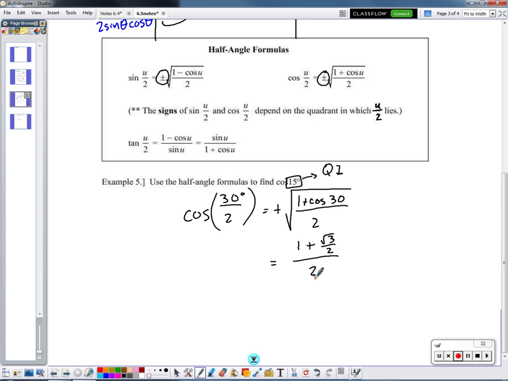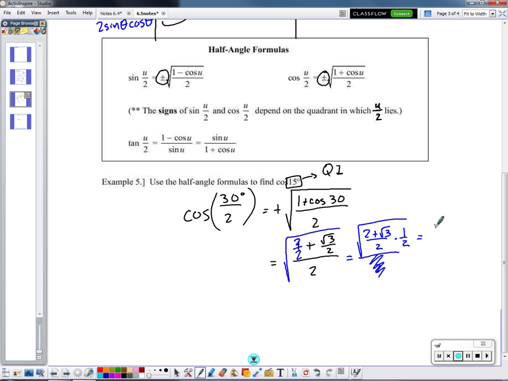This is really just like 2 over 2. If I change 1 into 2 over 2, then I end up with 2 plus root 3 all over 2, all divided by 2. But again, dividing by 2 is like multiplying by the reciprocal. So really I end up with 2 plus root 3 all over 4.